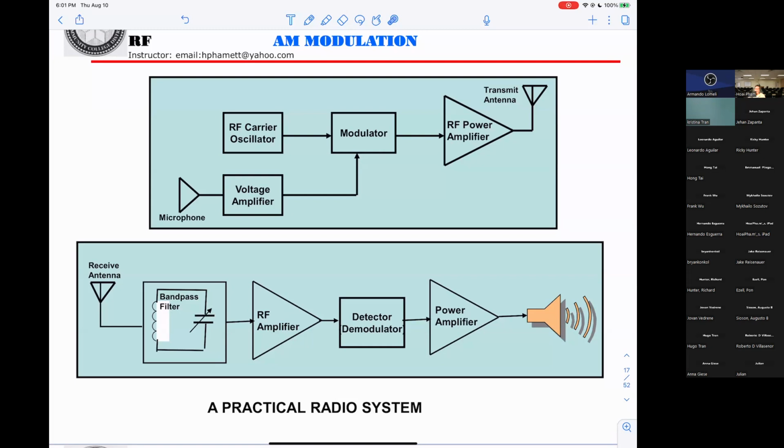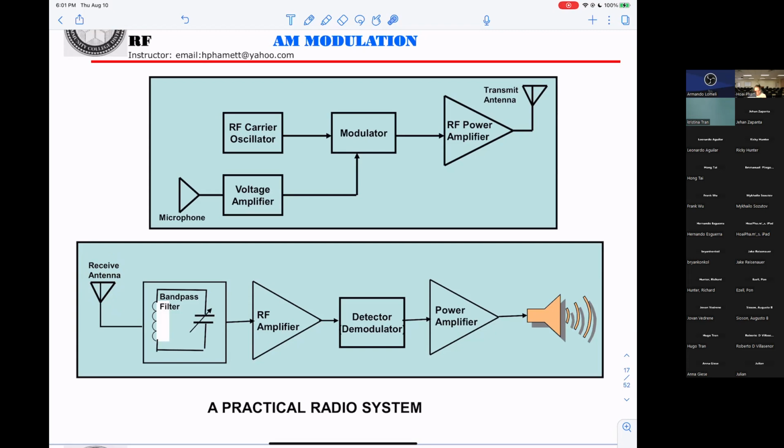And they need the power amplifier to make it stronger before it can be transmitted. And in the receiver, you get the antenna, and at the antenna here, you get too many signals.